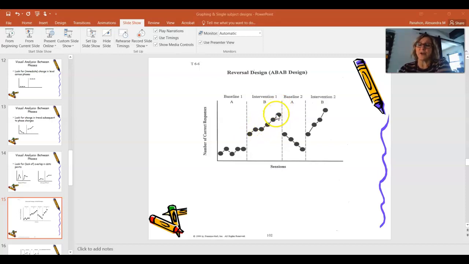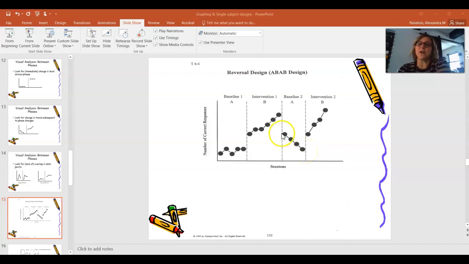After 6 intervention sessions, the intervention was briefly withdrawn in order to demonstrate experimental control.